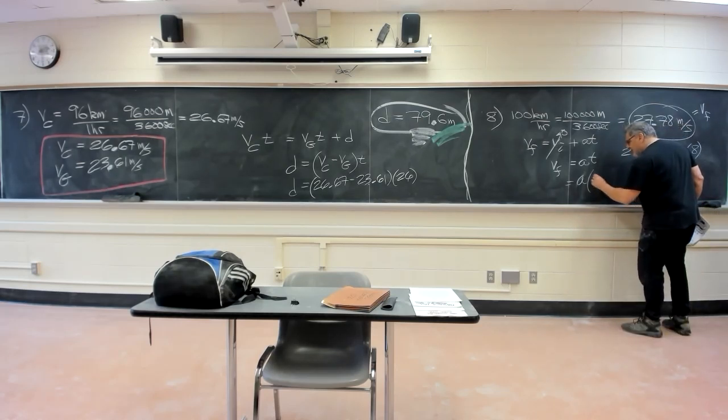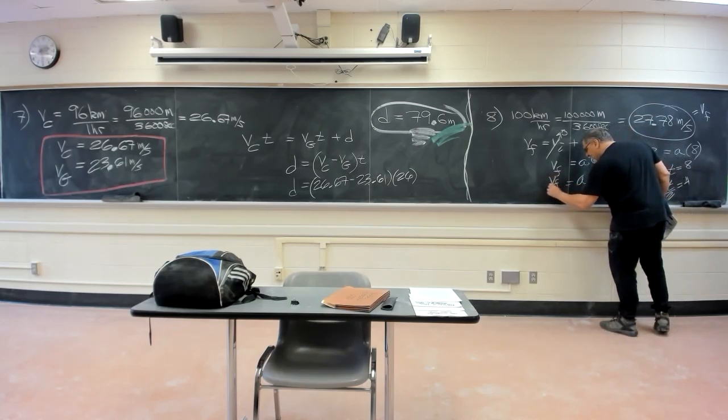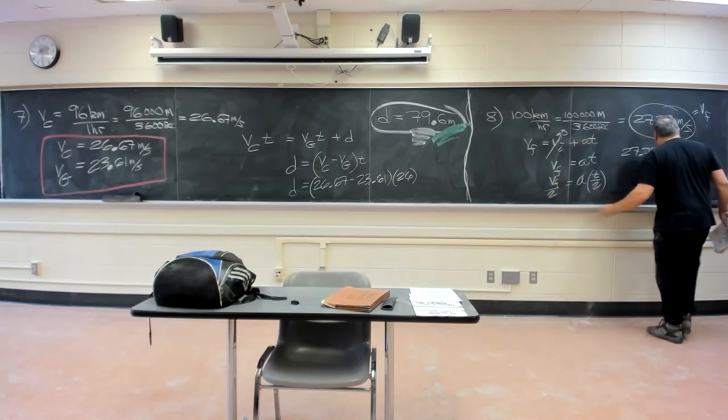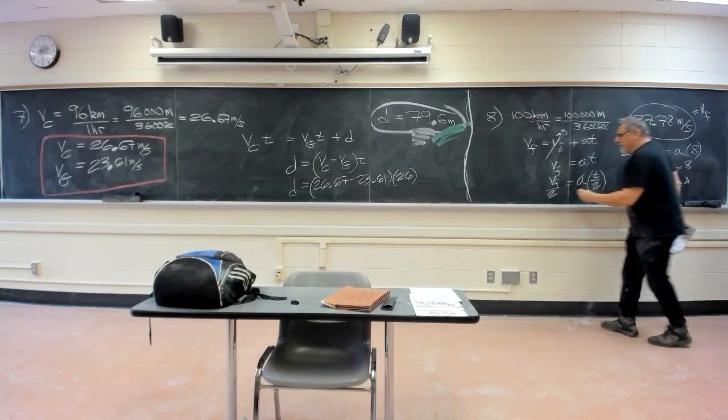If you go t over 2 here, this is going to be half the final. Well, wait a minute. The final we said was 27.78. So half the final is where this thing's going.